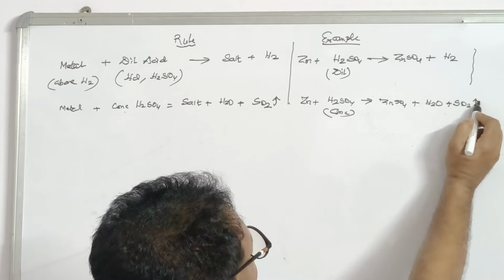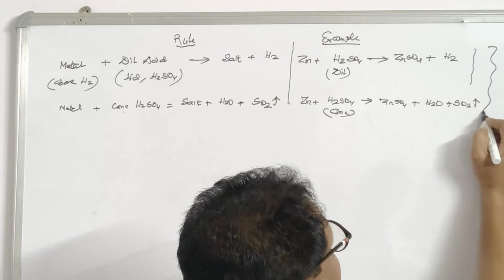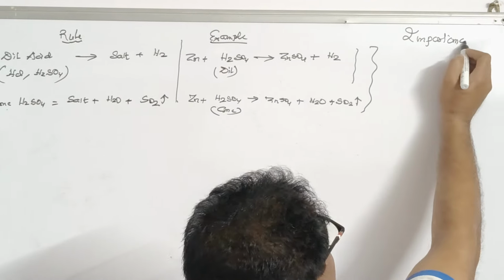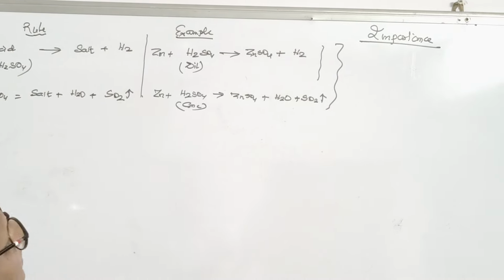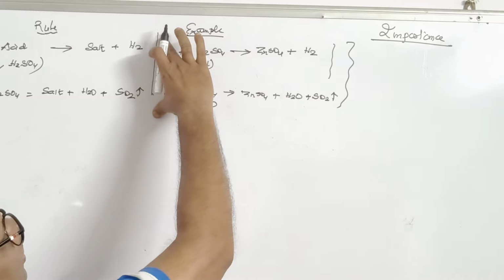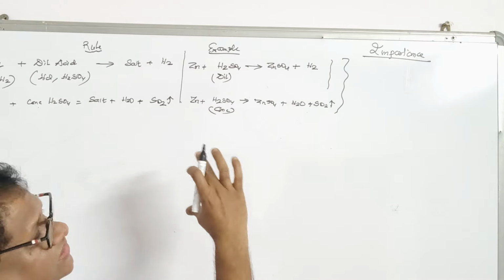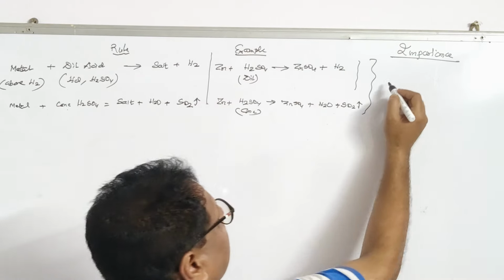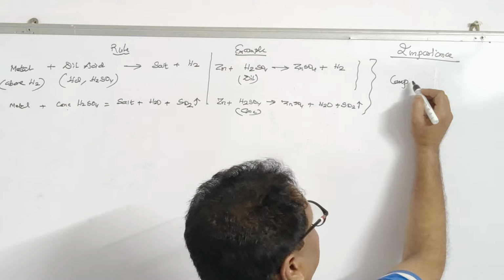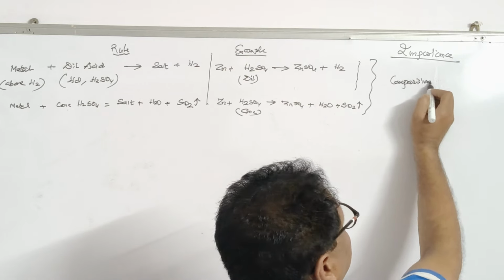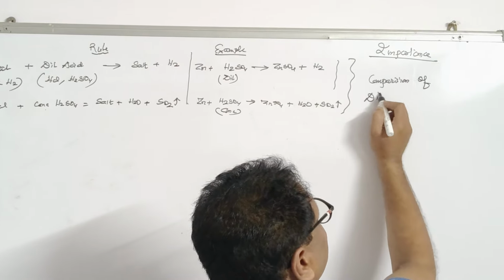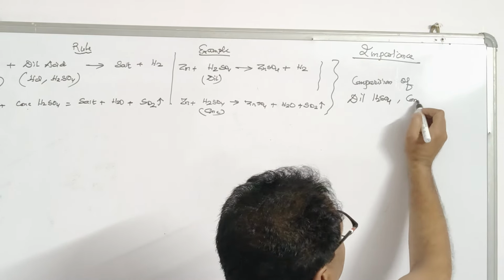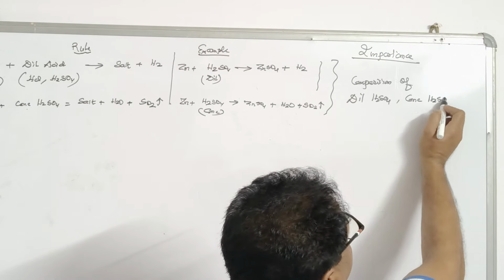Now what is the importance of this reaction? The importance is very important because you have to compare these acids. Suppose you want to compare dilute H2SO4 with conc H2SO4. So this is the importance: comparison of dilute H2SO4 and conc H2SO4, right?